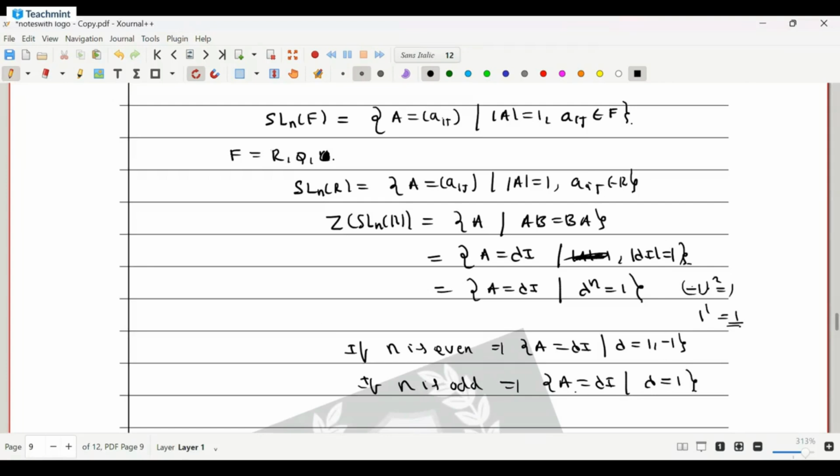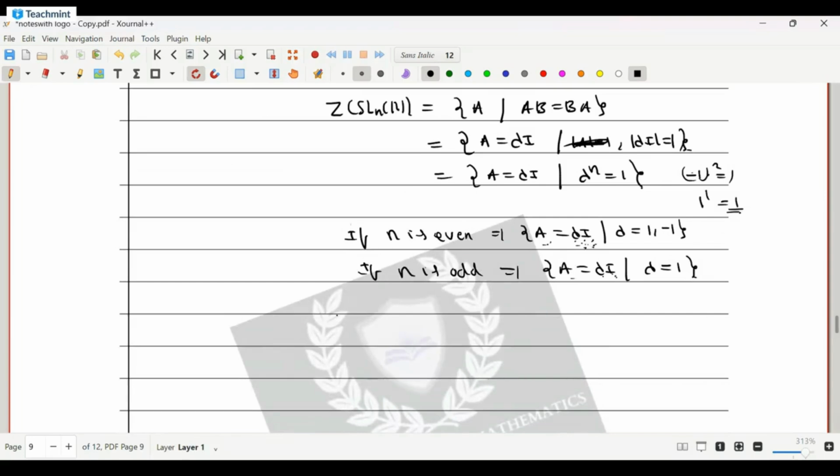So that means A is equal to 1 into I, sir, where I is the n by n identity matrix. If n is an even number, A is equal to I and minus I, sir. These two are solutions.